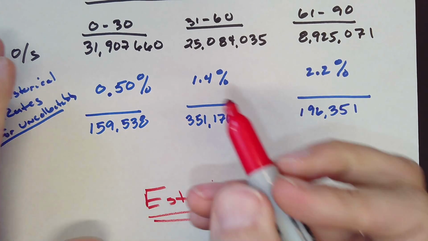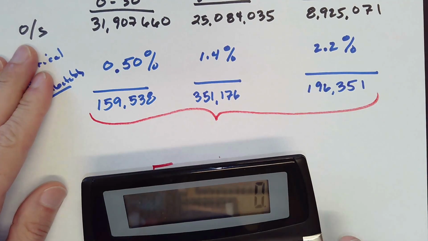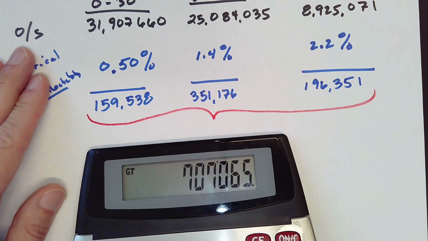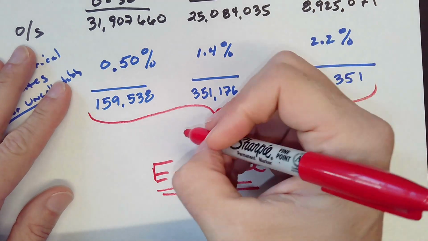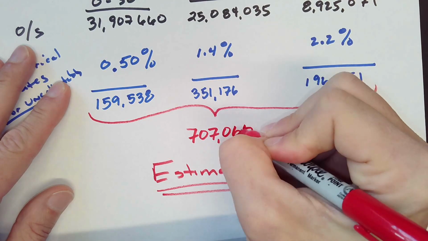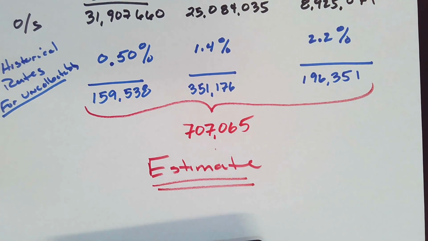We take the accumulation of these three, and that tells us what our overall allowance for our expected uncollectability of accounts is going to be, and that's 707,065. That's what we think our allowance should be.